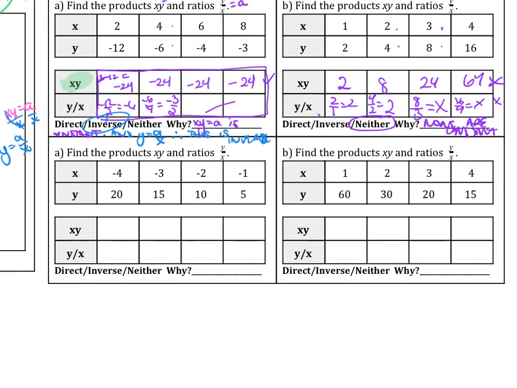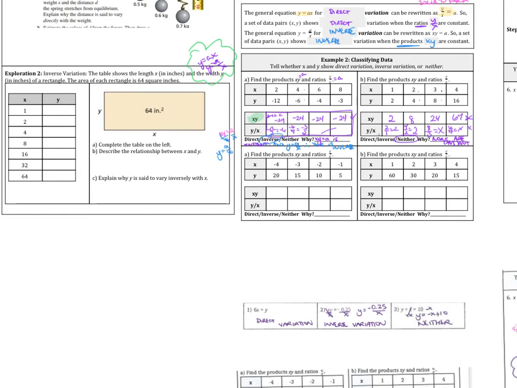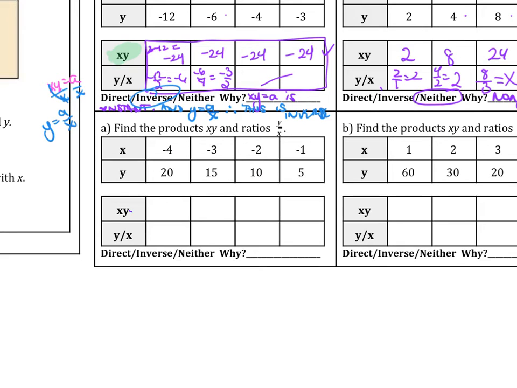Try these examples here. Find the products x times y and ratios y over x, and see whether they're direct, inverse, or neither. Practice writing the justification and then solving for y. Remember, x times y equals a, and then solving for y at the end, whichever one is constant.